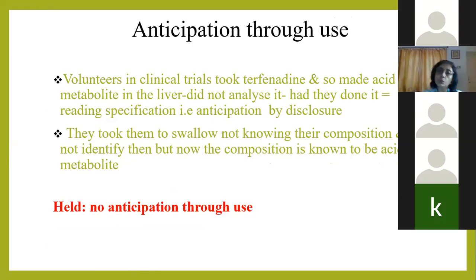Now, for anticipation through use, what the court found is that it is true that during the clinical trials of the first patent, when the patent is filed, you must be knowing clinical trials are done much later because the patent is filed very early.